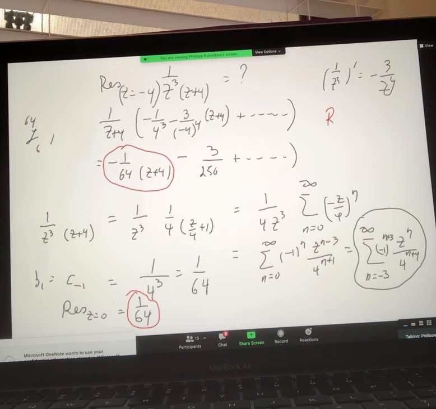So I know the residue when z equals negative 4 is, what should I put here? Negative 1 over 64. That's correct.